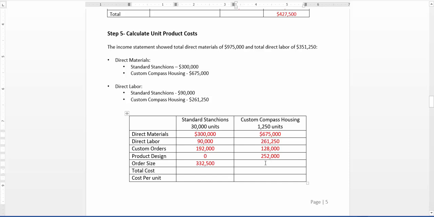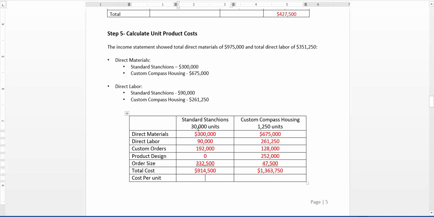And our order size 47,500. All right, we're going to add these up and we get our total cost is 914,500 for the standard stanchions. Let's put an underline there so we know that we stopped there to add things up. And for our custom compass housing, we total 1,363,750.